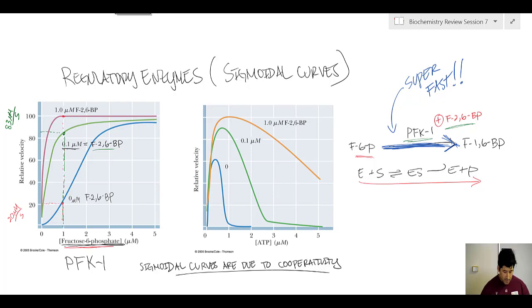All right, so we've just talked about an allosteric activator. And what is the allosteric activator of phosphofructokinase? F26 what? Bisphosphate. Good job. So this right here is an allosteric activator. This is important.